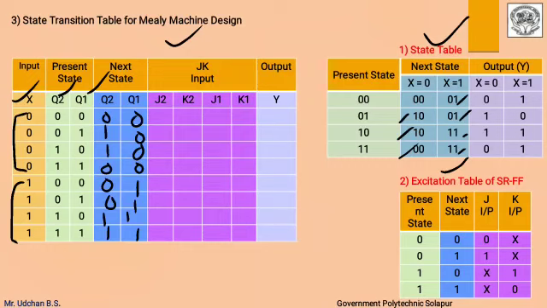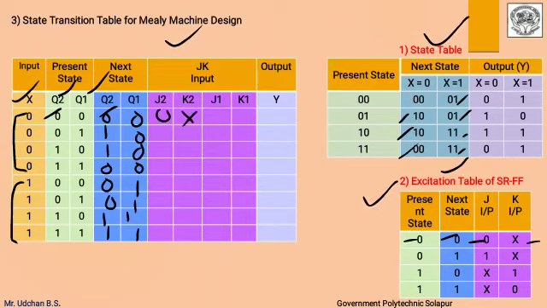So first I observe the q2. Present state q2 and next state q2, both are 0 0. So from excitation table, when present state is 0, next state is 0, the value of j and k is 0, don't care. So I will write over here 0, don't care.